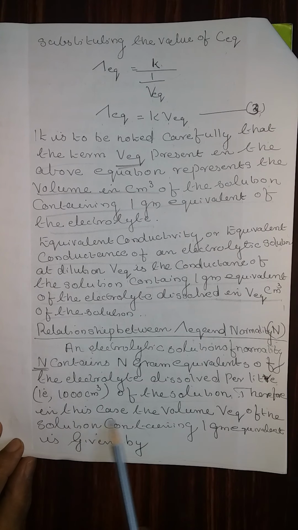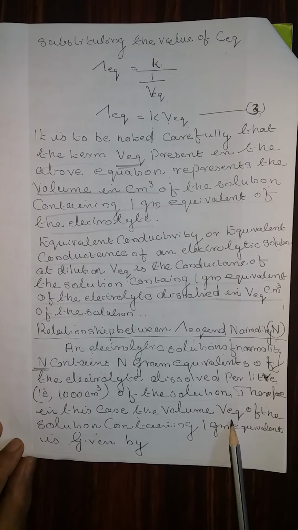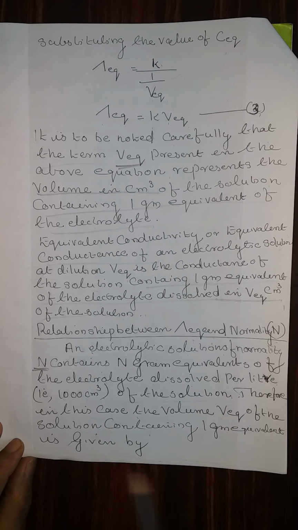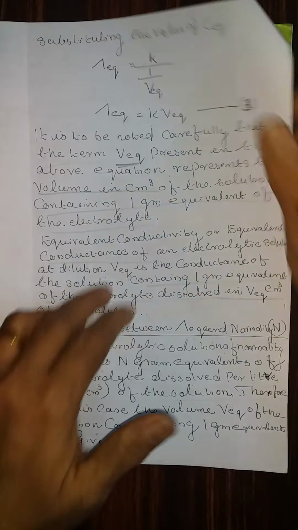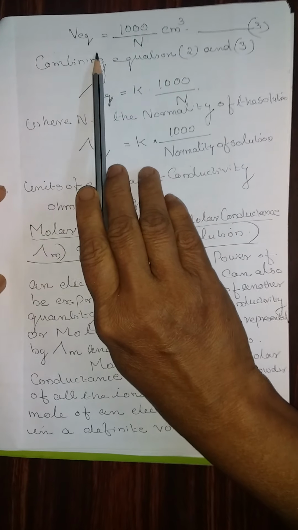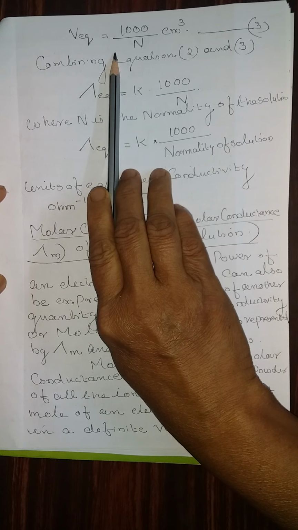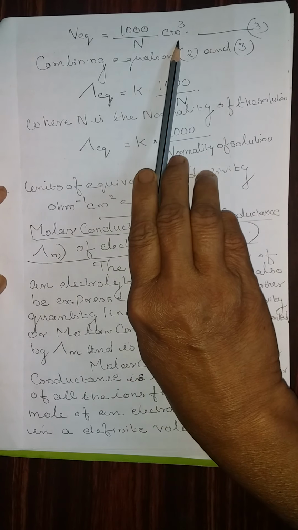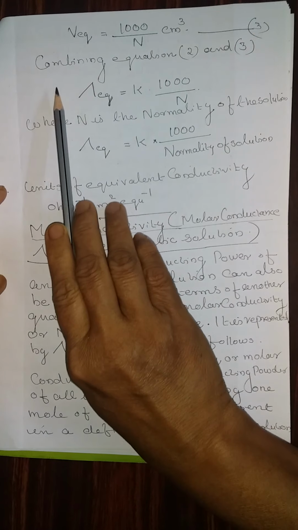Therefore, in this case, the volume V equivalent of the solution containing 1 gram equivalent is given by the relationship V equivalent is equal to 1000 by N centimeter cubed.